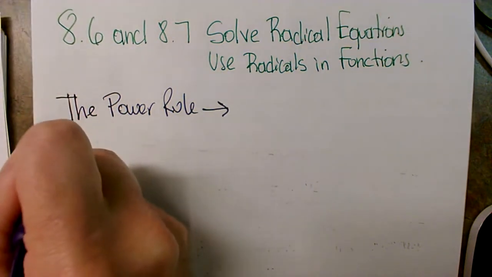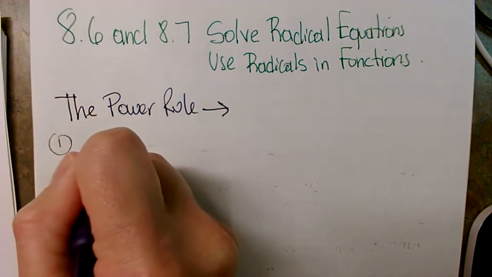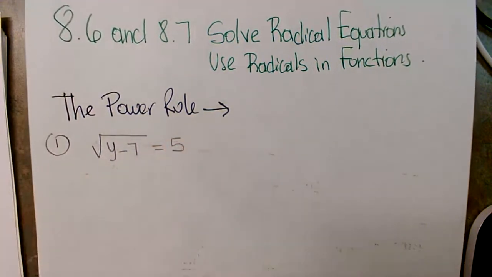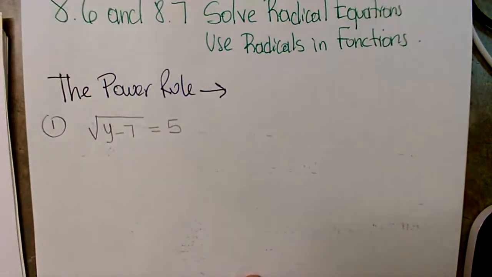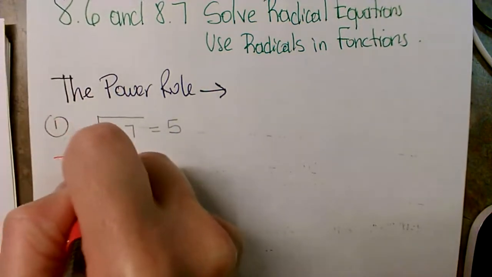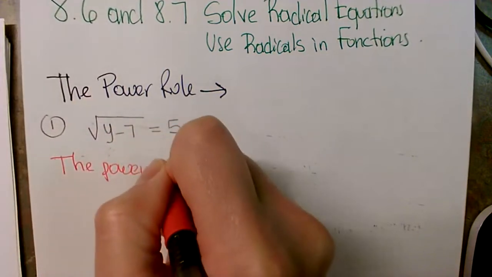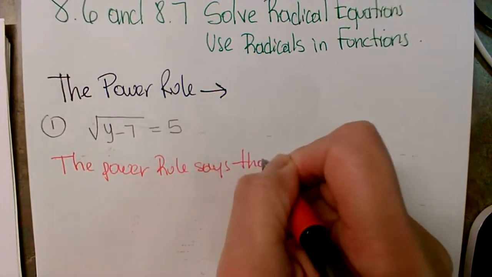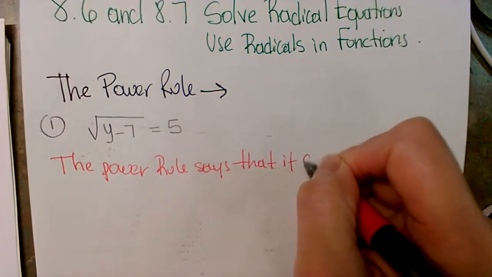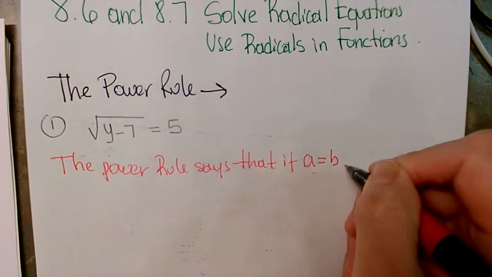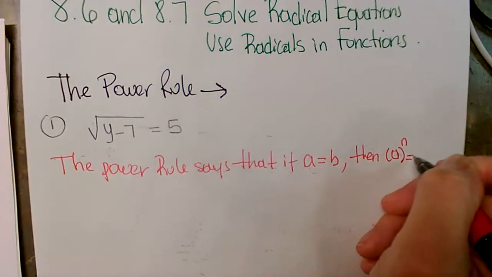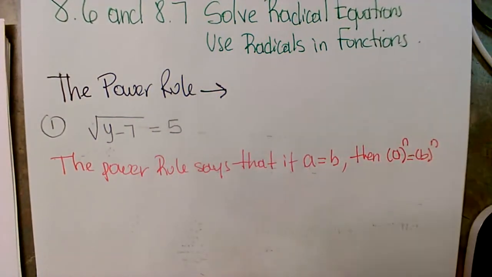So we have the square root of y minus 7 equals 5. And the power rule says that if A is equal to B, then A to the n power and B to the n are equal.